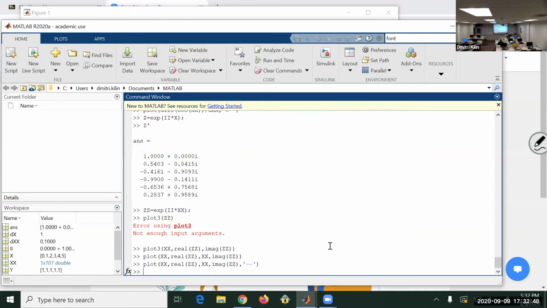One can also do parametric plot. So if you do two-dimensional plot, we remove the argument and plot only real and imaginary. What are you getting? Or you can guess what you are getting before making an experiment. What do you get?